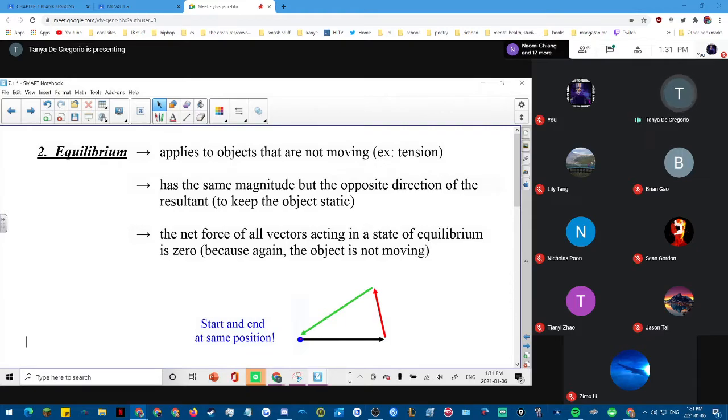It has the same magnitude but opposite direction of the resultant because you're trying to keep the object from moving. So you've got the forces now in the other direction. The net force of all vectors acting in a state of equilibrium is 0 because, again, the object is not moving.